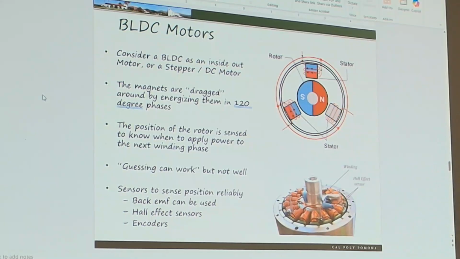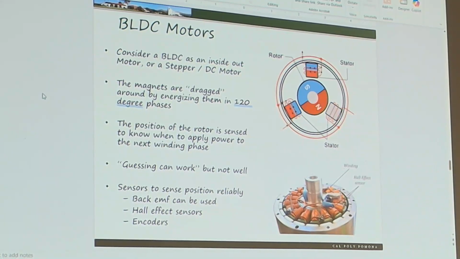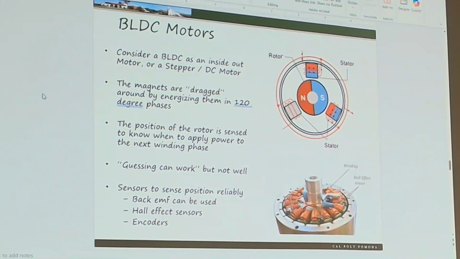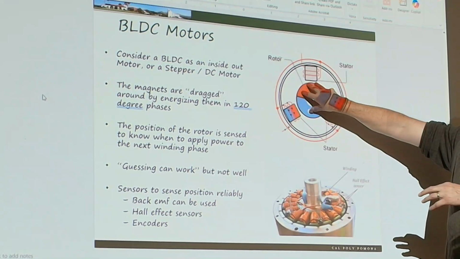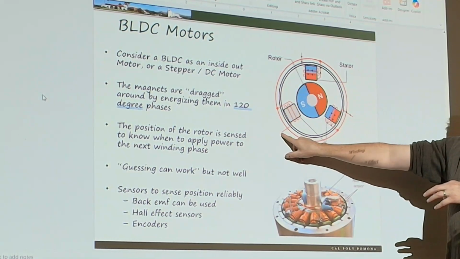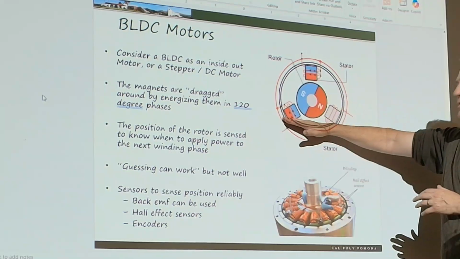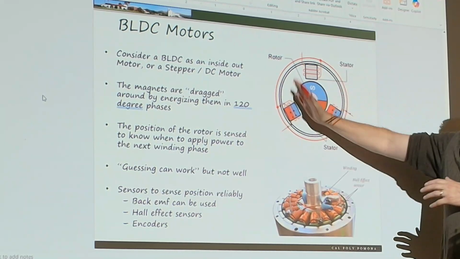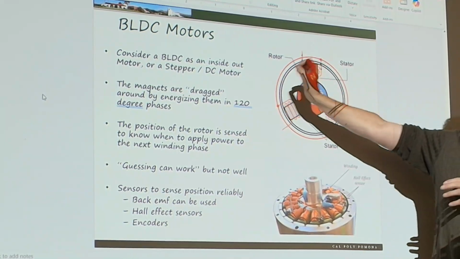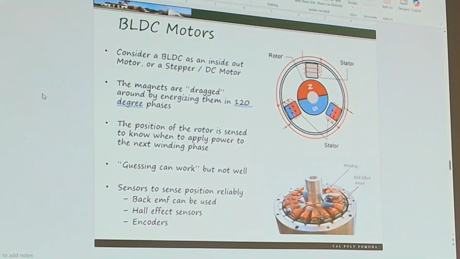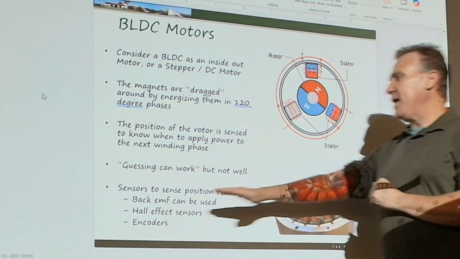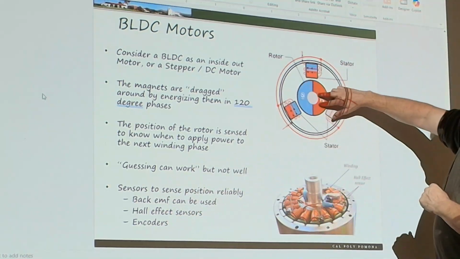So if I'm looking at an ESC for my RC airplane and have a BLDC hooked up to my propeller, I might not have a sensor telling me where I'm at. I'm just simply measuring the drop in the applied induced voltage as this guy comes around. Because I have a back EMF on everything, just like we saw on a DC motor. So I can use that back EMF to know where this guy is rotating.